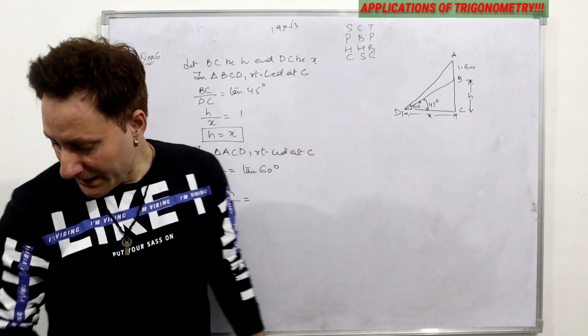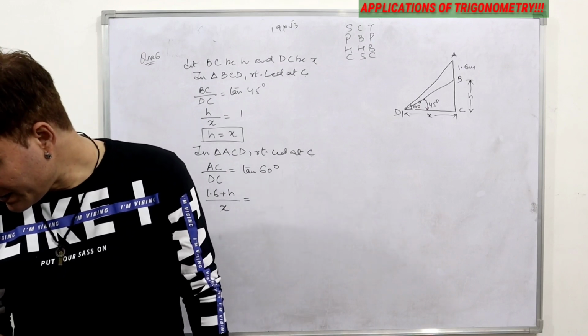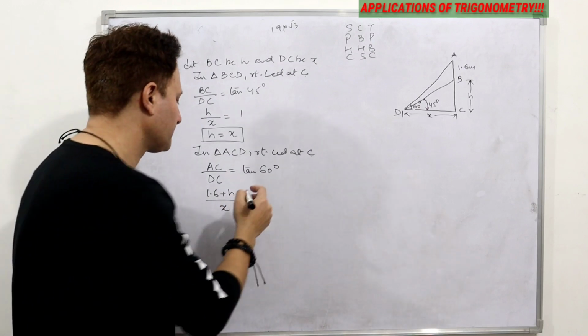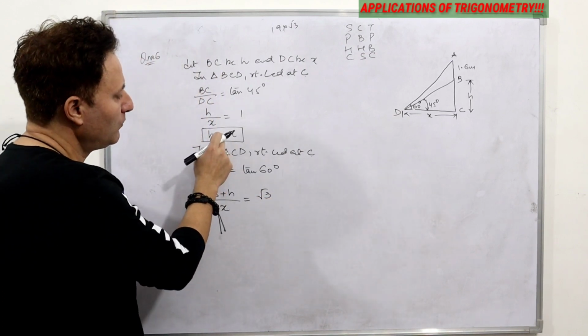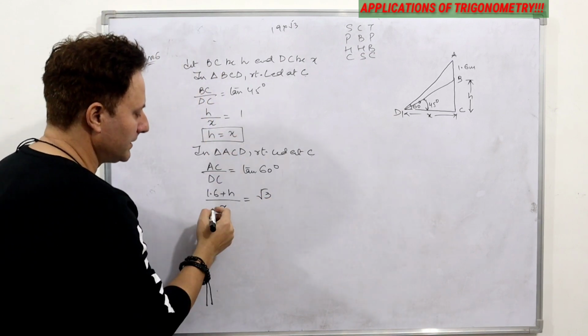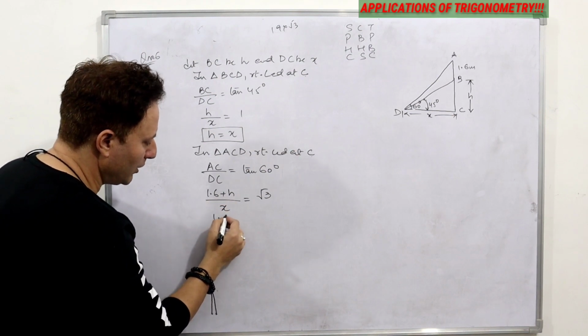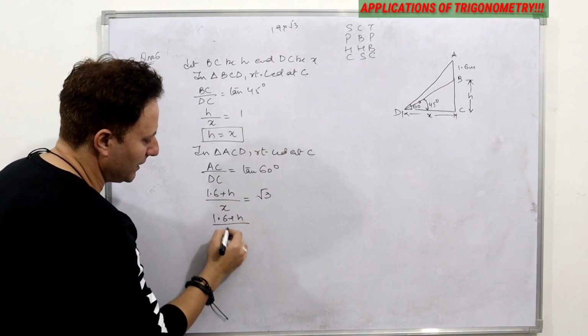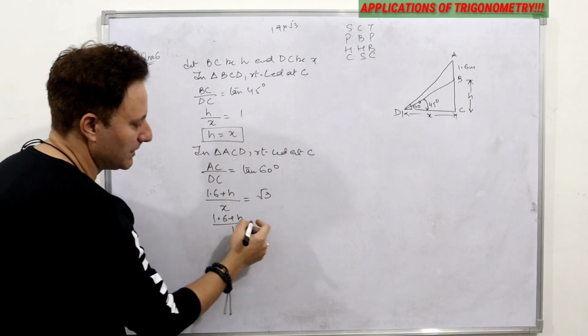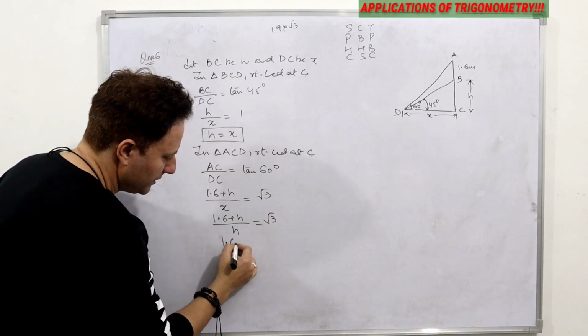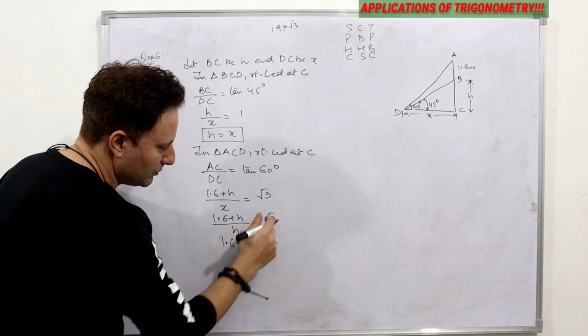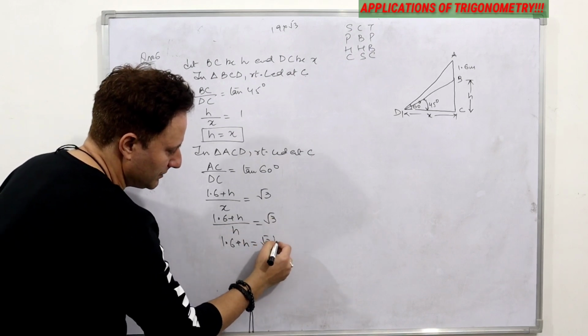And the value of tan 60 is root 3. Now here we just said h and x are equal, so I'll write 1.6 plus h upon h. Why? Because x and h are both equal. So this is root 3. Now 1.6 plus h is equal to, this goes up, it becomes root 3 h.